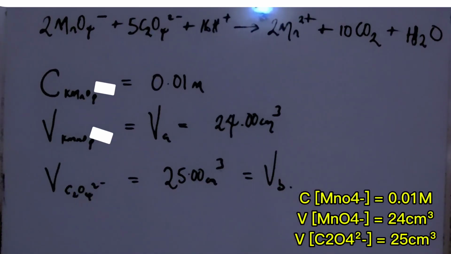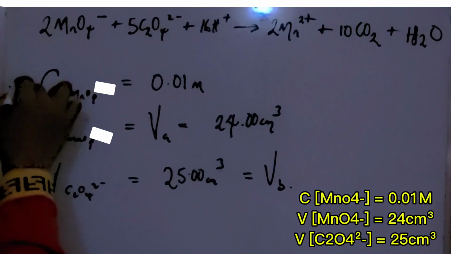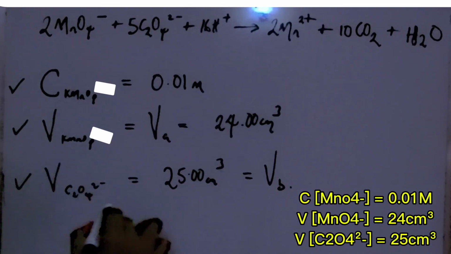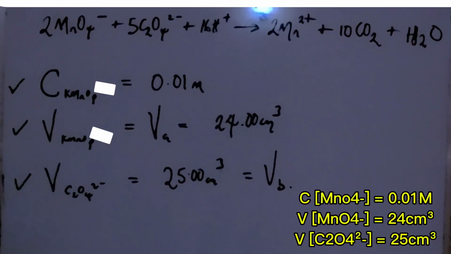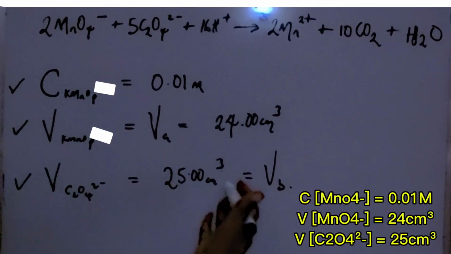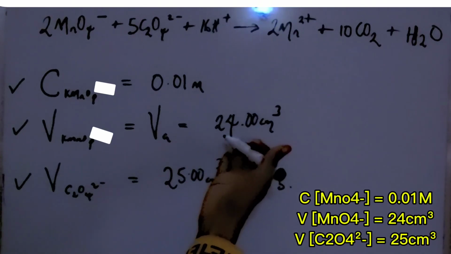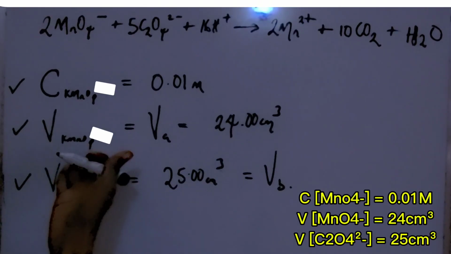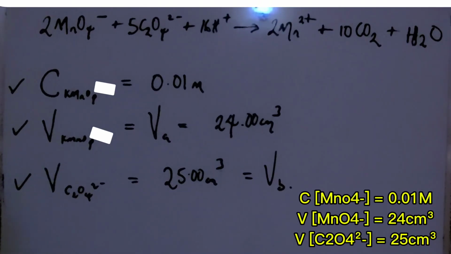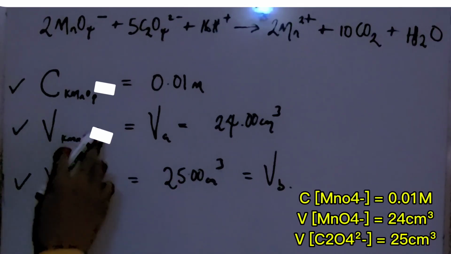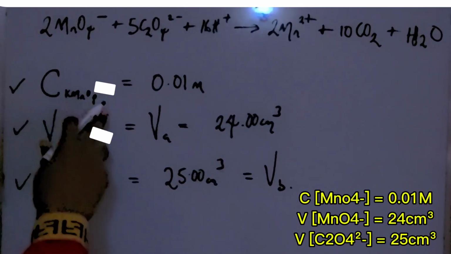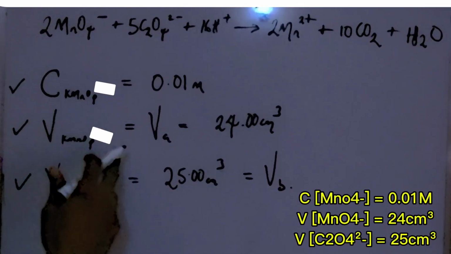These are likely the data you're supposed to have. I'm just trying to give you an example. Let's say you've carried this out and you got this as your volume of permanganate. So how would you calculate the moles of permanganate ion, which is MnO4? Remember, concentration and volume are given.